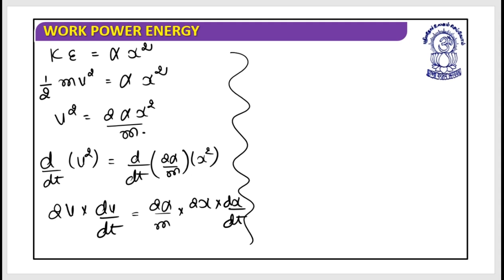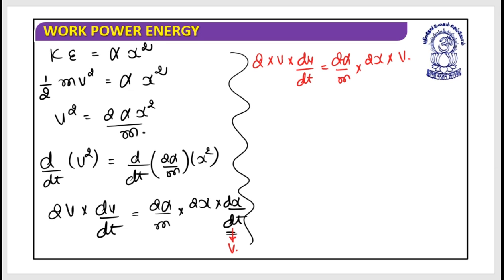Now I can understand that this dx by dt can be replaced as v. So we have 2 into v multiplied by dv by dt equal to 2 alpha by m multiplied by 2x multiplied by v.